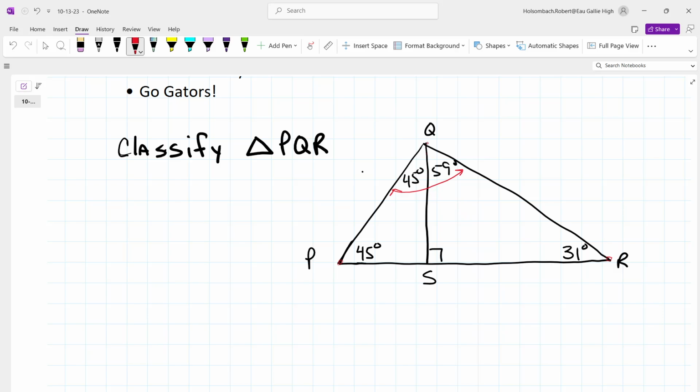So the measure of angle Q up here is equal to 104 degrees, these two combined. So if we're classifying triangle PQR, it's got one obtuse angle, doesn't it? So it's classified as obtuse.